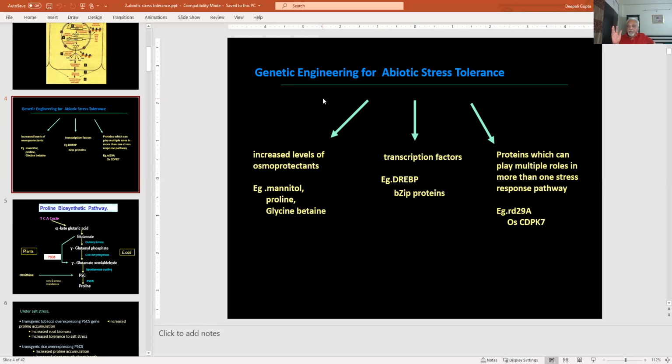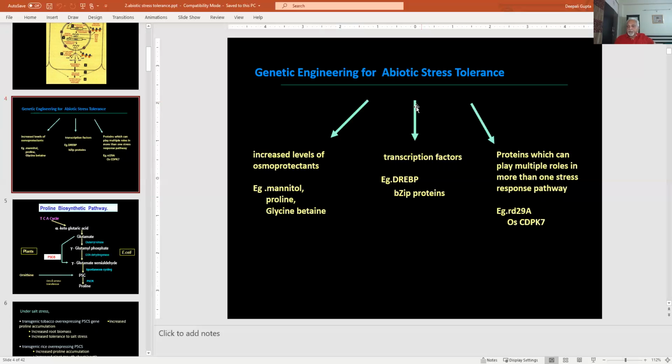But then there were a few observations. For example, under stress conditions, plants were known to accumulate metabolites like mannitol, proline, glycine betaine. But how this happens was not clearly understood.